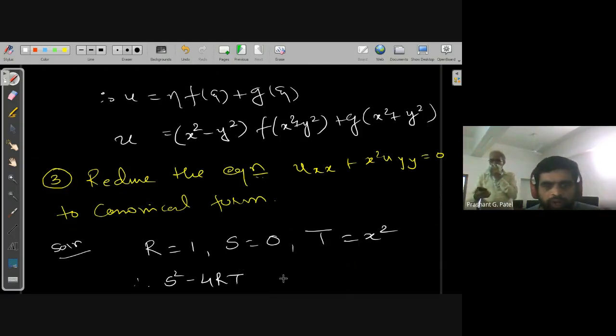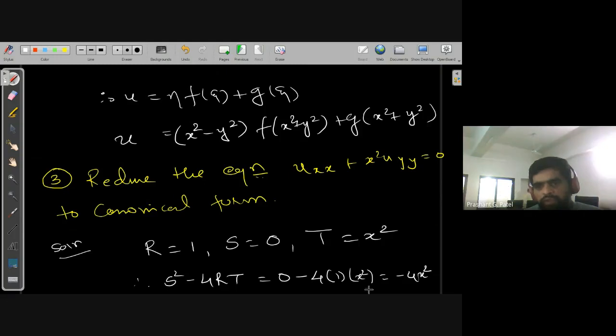S square minus 4RT is 0 minus 4 into 1 into x square, which is equal to minus 4x square. So that's why this is negative. Since this is negative, we'll say that the given differential equation is of elliptical type.